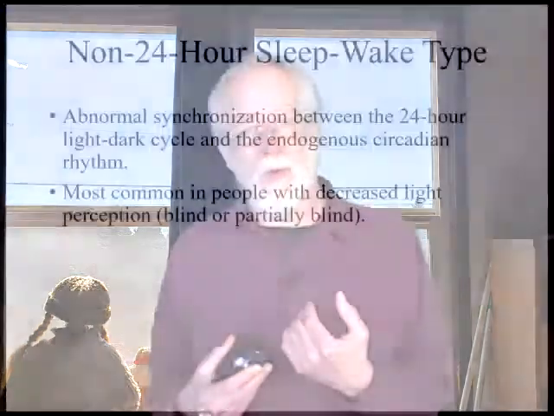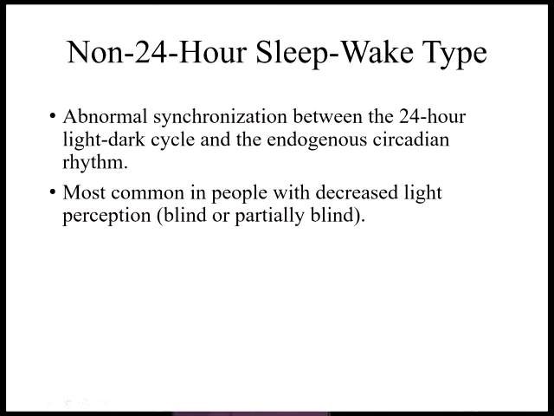Then the non-24-hour sleep-wake cycle, this is just where your natural circadian rhythm is not following the day-night cycle outside. Again, we pointed out how your circadian rhythm is triggered by light hitting the eye, which means we are designed to shift this pattern over the seasons as there are longer days in the summer and shorter days in the winter.